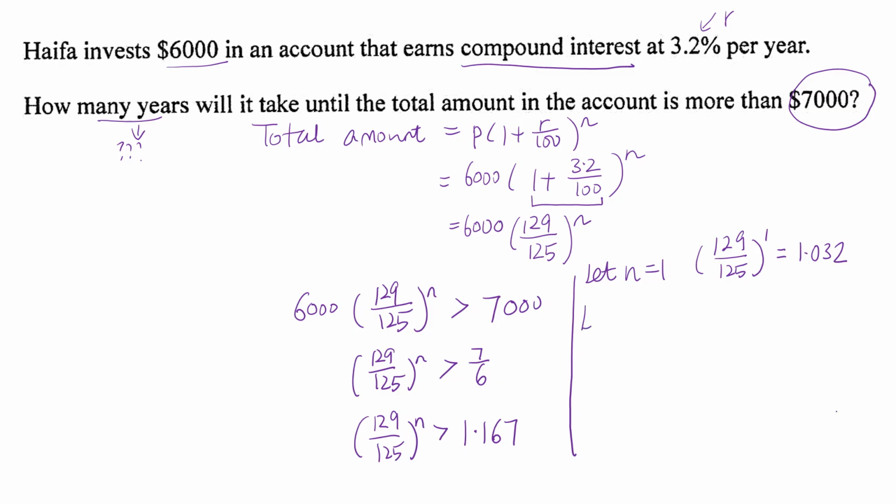So let's continue. Let n equal 2. And I get 1.065, which again is still smaller than 1.167.